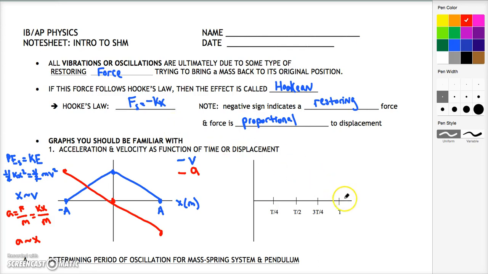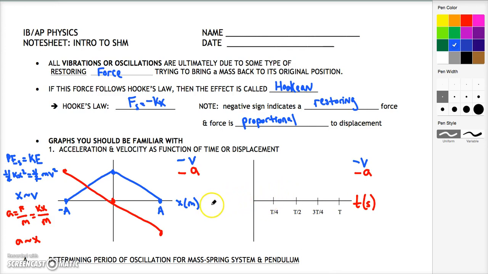Now let's plot versus time. Let's keep this consistent: the blue line will represent the velocity, and the red line will represent the acceleration. Let's say T is our period, one full cycle, so it's a round trip.